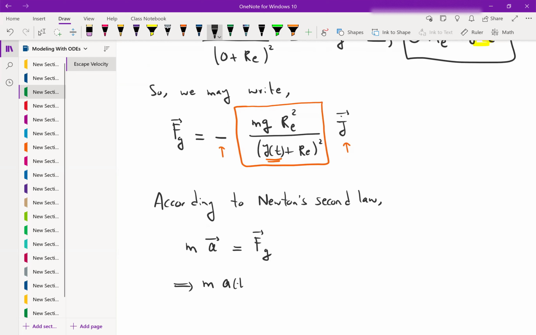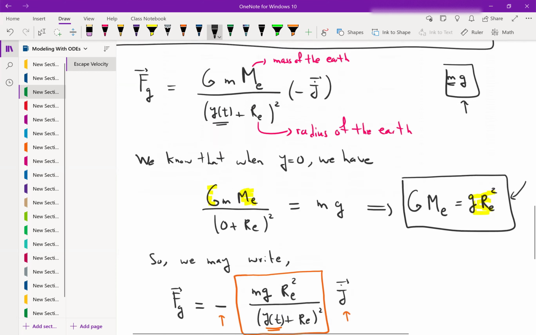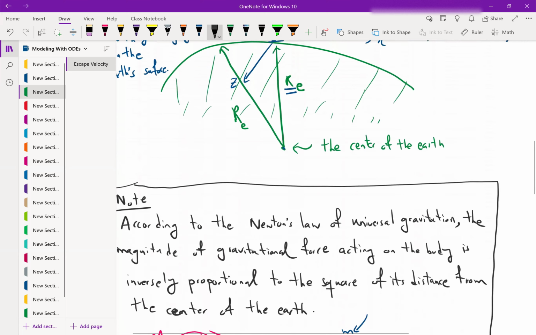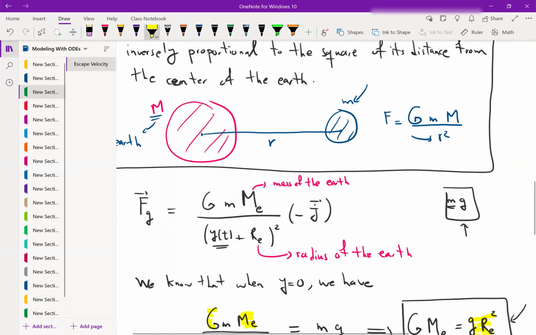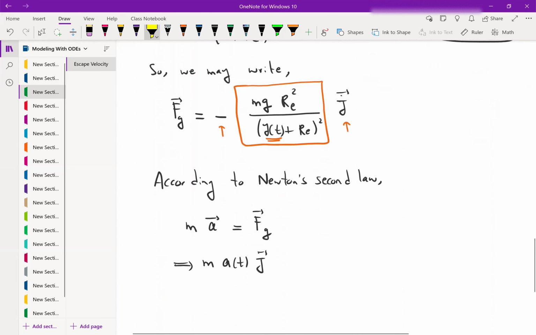of t j. Remember, let me scroll up to show you our symbol for acceleration. The acceleration vector is a of t j, and of course, a of t is the derivative of v of t with respect to t. So I'm going to scroll back here.